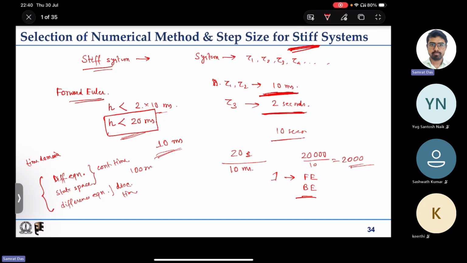Next we will go to the transfer function model. That is the fourth representation of mathematical models. But unlike these three, which are time domain, the fourth one is actually frequency domain.